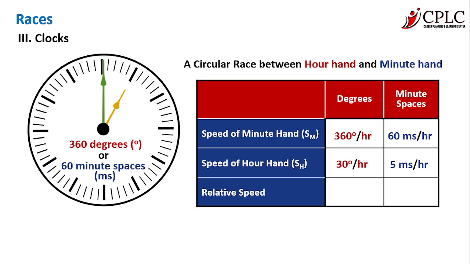Lastly, we have to do all of this on a per minute basis. Because we have calculated per hour, we have to divide all these numbers by 60. So 360 divided by 60 is 6 degrees per minute. Then 60 divided by 60 is 1 minute space per minute.